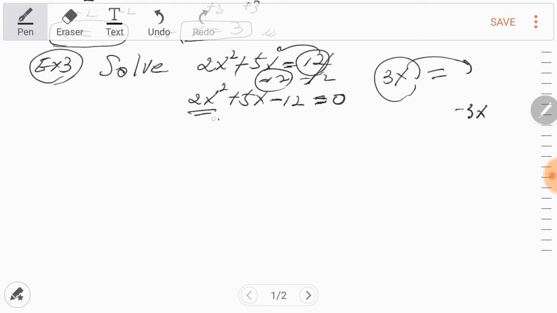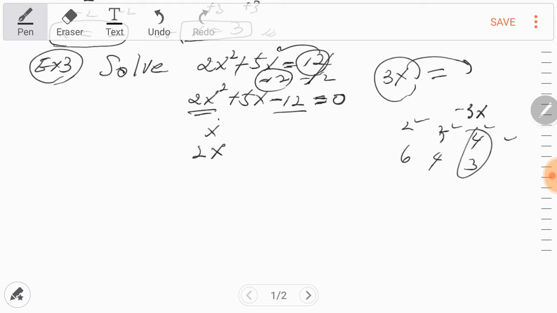The first term is x times 2x, and for negative 12 we can try 2 times 6, or 3 times 4, or 4 times 3. So we can try one possible combination.